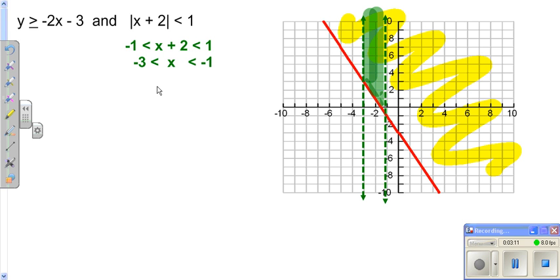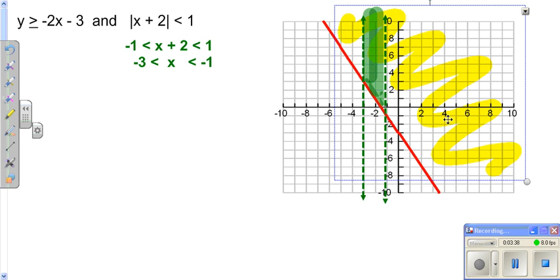Then you're really looking at graphing and shading everything between a negative 3 and a negative 1. Well, x being negative 1 is a vertical line here at negative 1. X being negative 3 is a vertical line right here. But notice these are not equal to, so that's why these are dotted.